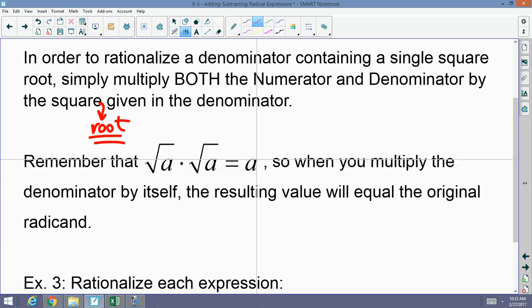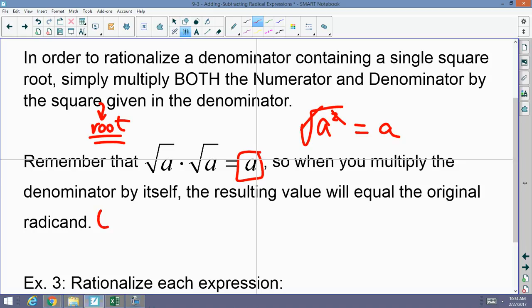One thing you must remember: when I have the square root of a times the square root of a, in other words, the square root of something times the square root of itself, it's always going to equal the radicand, pure and simple. Why? Because if I take the square root of a times the square root of a, I get the square root of a squared. And what's the square root of a squared? A. So anytime I multiply a square root times its exact replica, my answer will be the radicand.